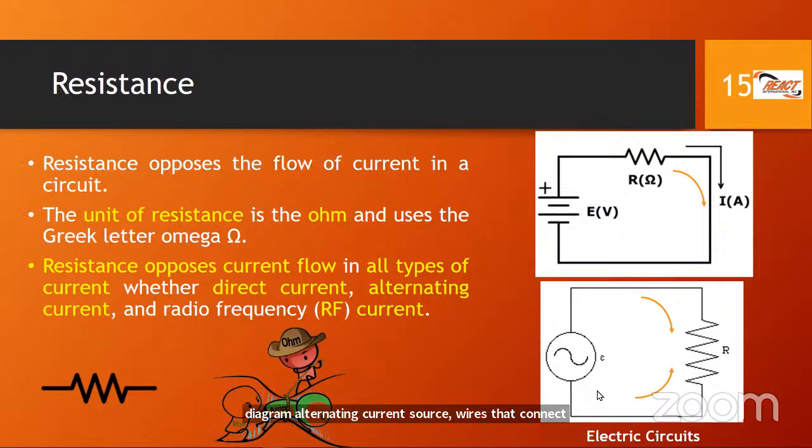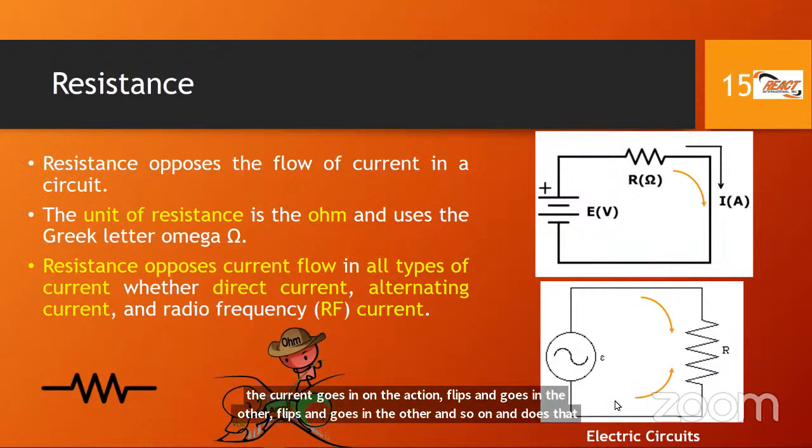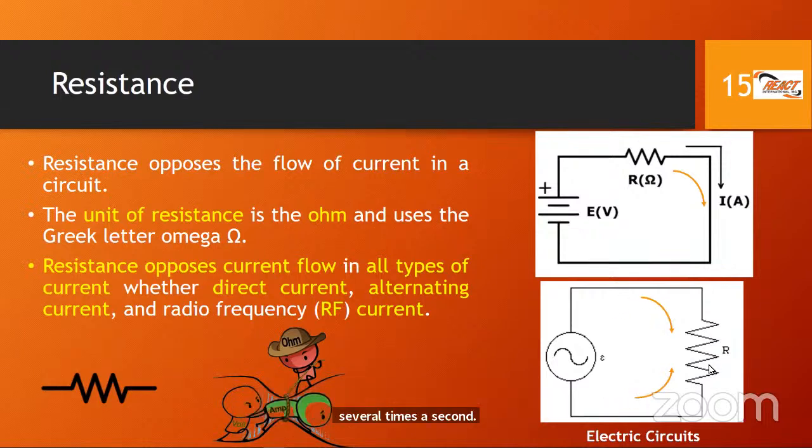Of course, the current goes in one direction, flips and goes in the other, flips and goes in the other, and so on. It does that several times a second. It does that 60 times a second in Trinidad and Tobago, 60 hertz. And this resistor that's in the circuit will also resist. It will resist when it's going in this direction. It will also resist when it's going in this direction. So that's what we mean by the resistor will resist no matter whether it's direct current or alternating current. So that's resistance.